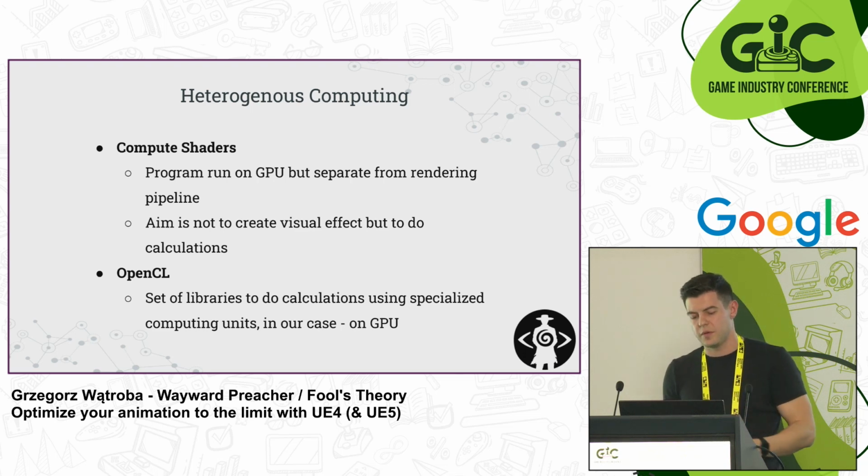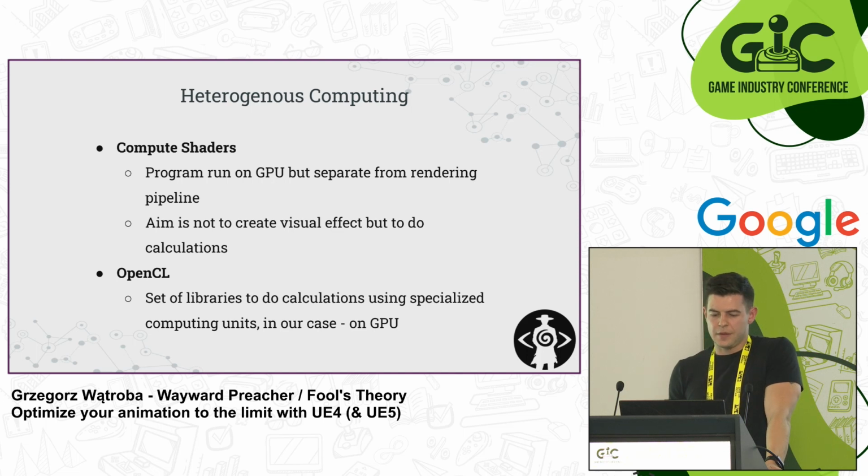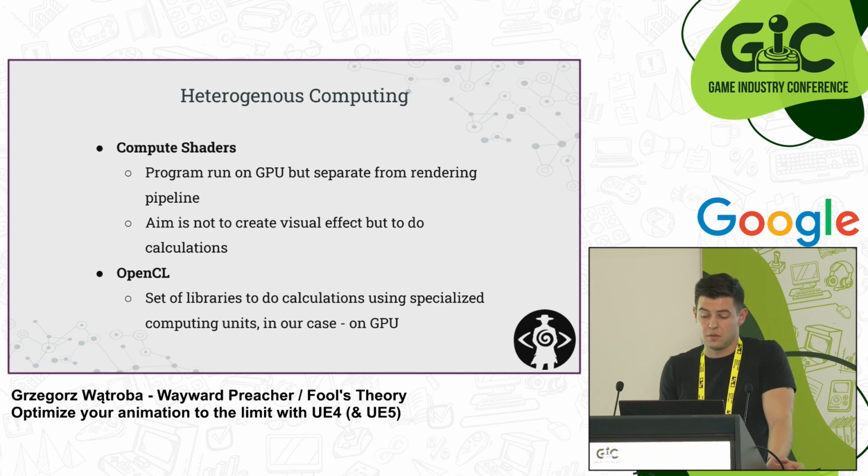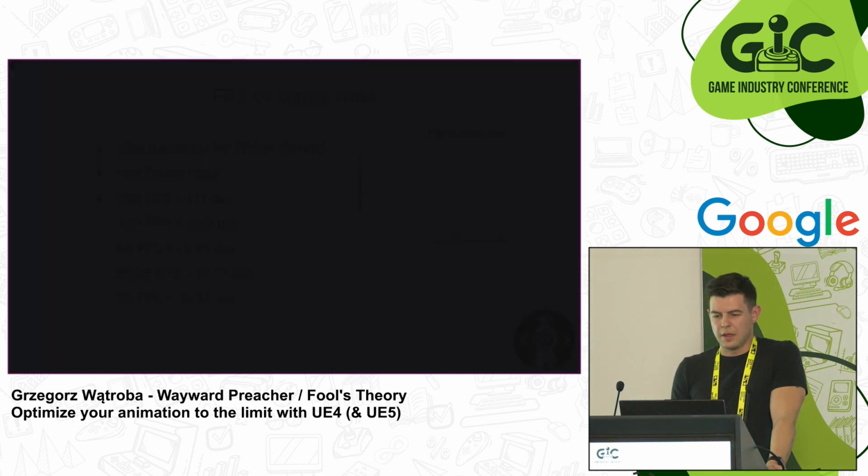So that's why we prefer using OpenCL to test certain solutions. Using those two solutions can be tricky, but when properly adapted to the problem, it can be very beneficial. Unreal has some convenient plugins for both, so there's actually an easy start if you really know what you're doing.